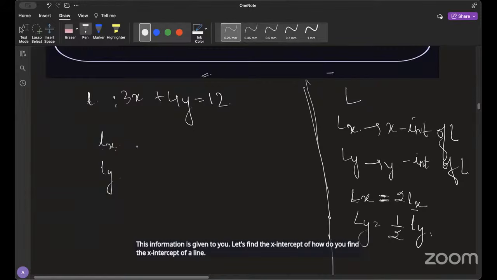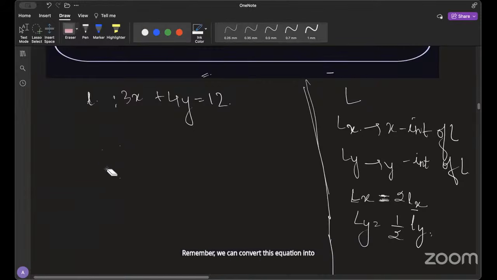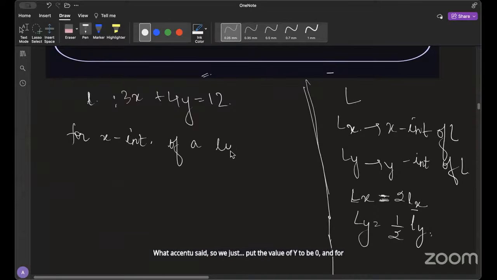Ma'am, we can convert this equation into intercept form. It would be easier. For the x-intercept we put y to be 0, and for the y-intercept, x will be 0. We can divide by 12, so x by 4 plus y by 3 equals 1.